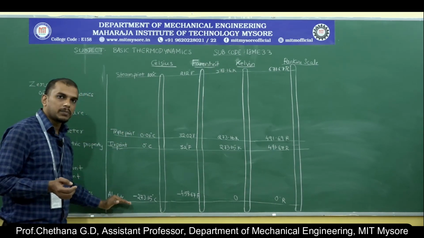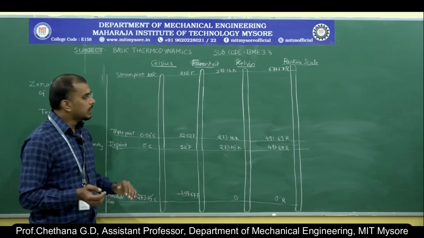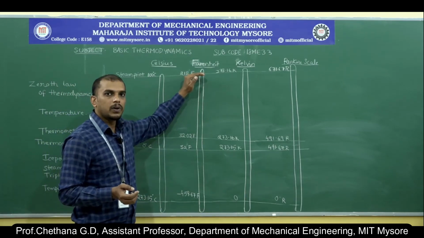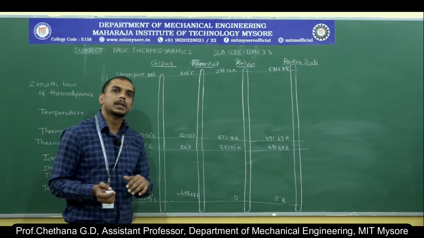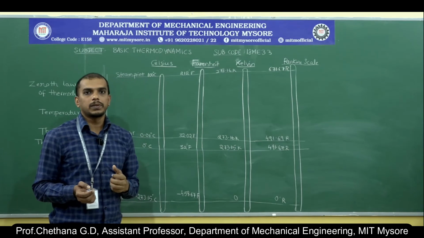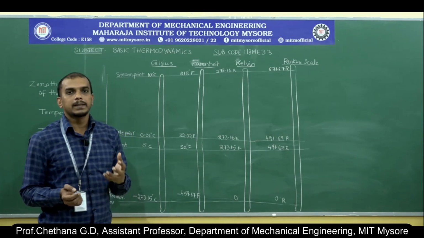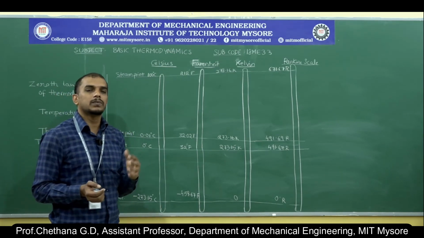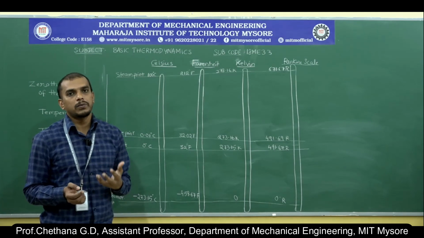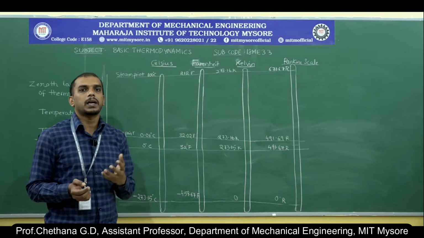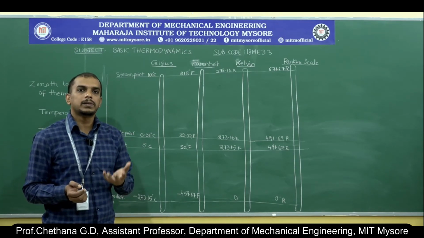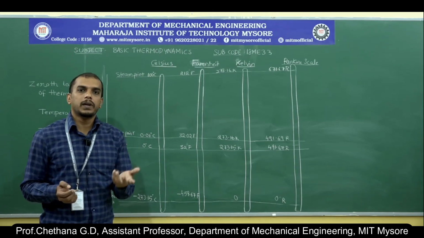We will discuss the absolute zero a bit later. Similarly, when Fahrenheit was designing his thermometer, he took brine solution, which is a salt mixture, as his reference point for minimum temperature. If you want to design a thermometer, how do you set the minimum and maximum point? It depends on the inventor.